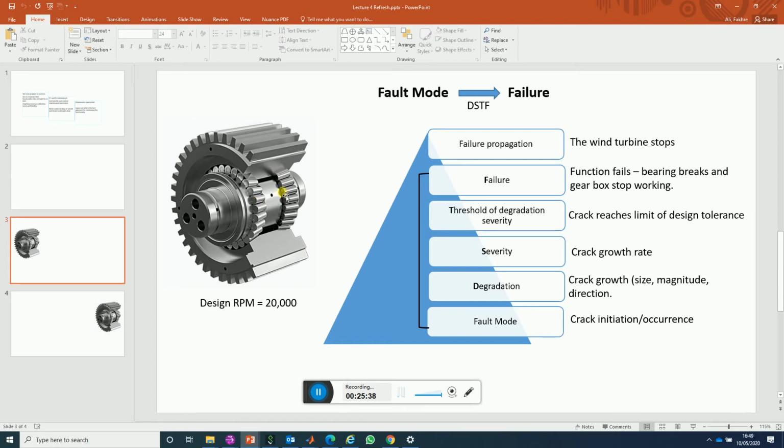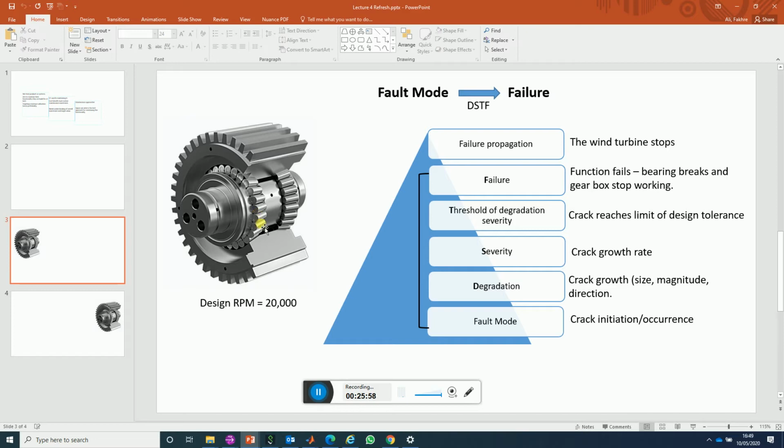That's where the functional failure comes in. Okay, so having a fault mode does not mean that there is a failure. Okay, a fault mode is always related with severity.